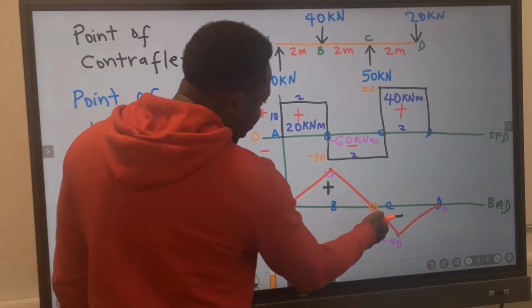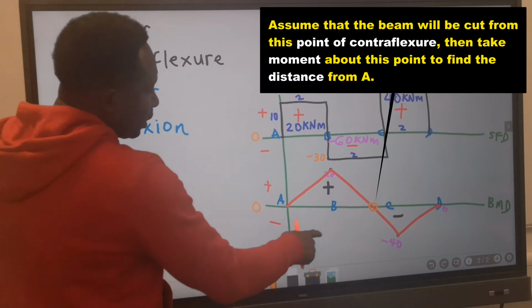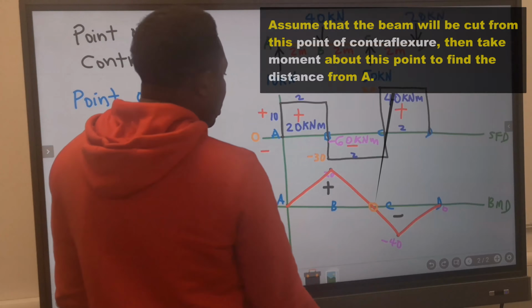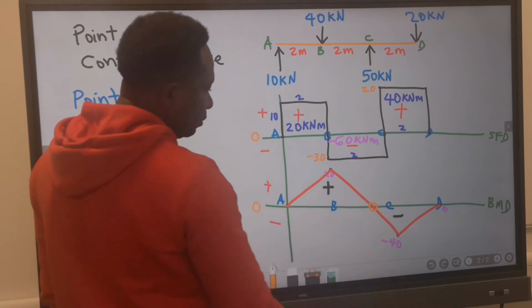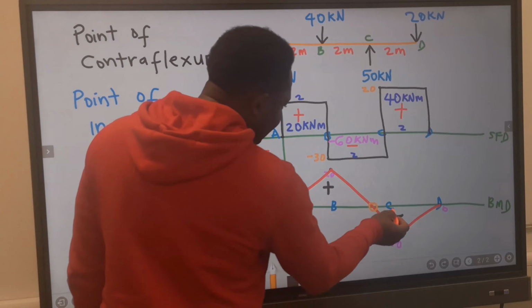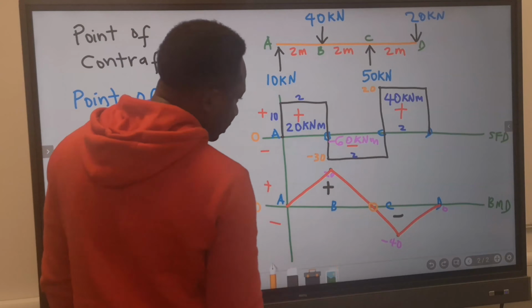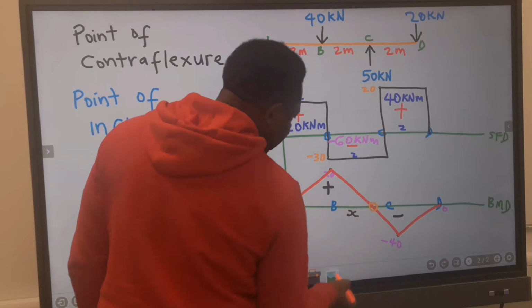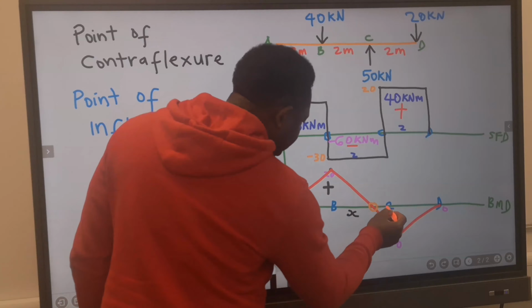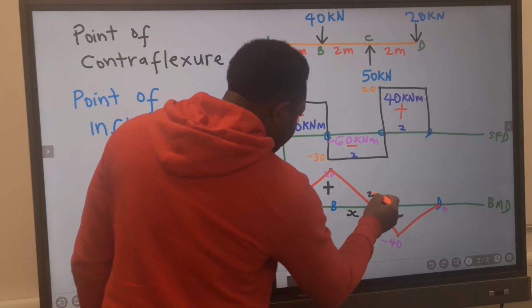How do we calculate for this point? To calculate for this point, we are going to find the moment at this point. Between B and C is 2 meters. That means here, if we call here x, this remaining point will be 2 minus x.